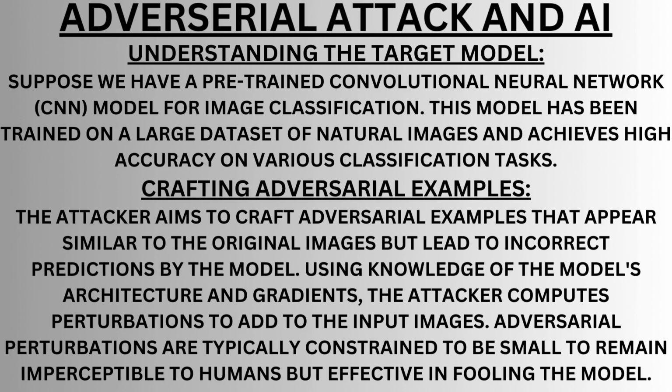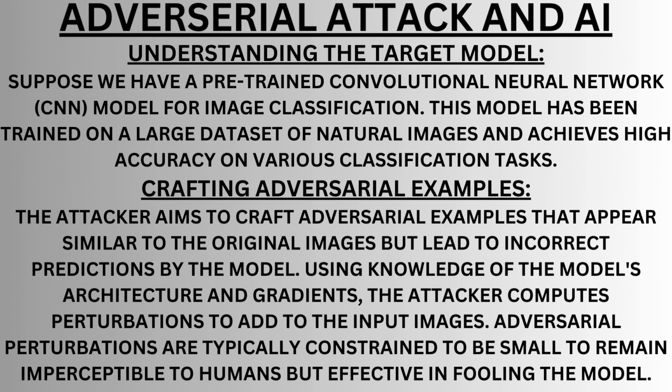This model has been trained on a large dataset of natural images and achieves high accuracy on various classification tasks. Crafting adversarial examples. The attacker aims to craft adversarial examples that appear similar to the original images but lead to incorrect predictions by the model.